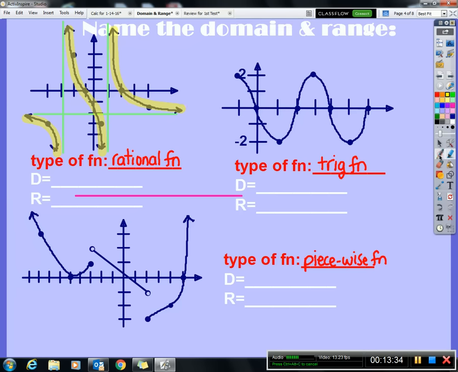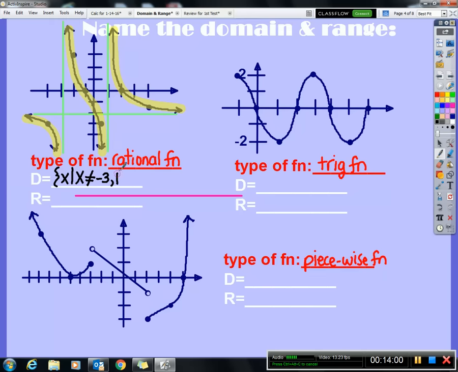But I would prefer instead, this is one time I like the alternate notation better. It's actually a little bit shorter to say, I want to use the set of all x's except, there is no point on the graph on this vertical asymptote. No point in the graph has an x coordinate of -3. So I'm going to say all x's except x equals -3, and the same is true for x equals 1.